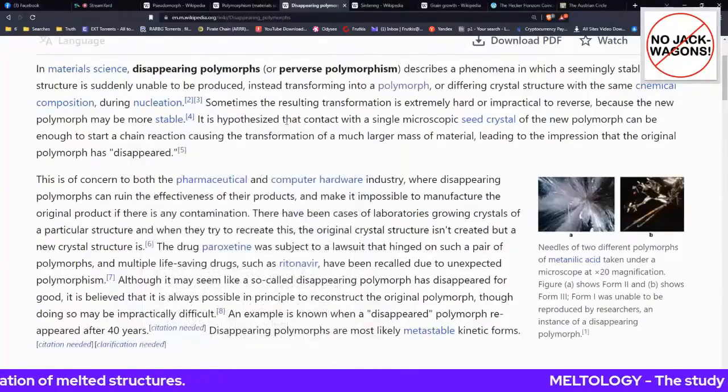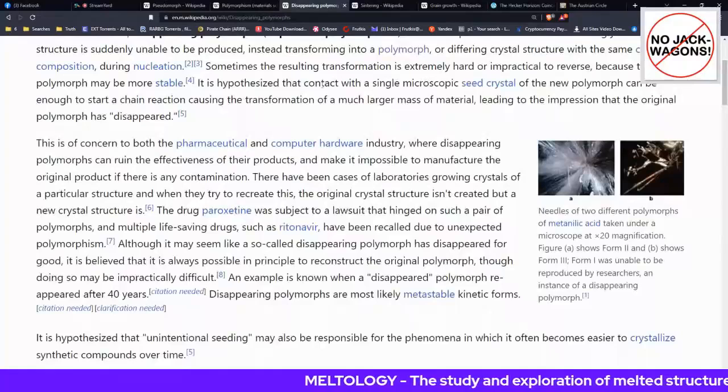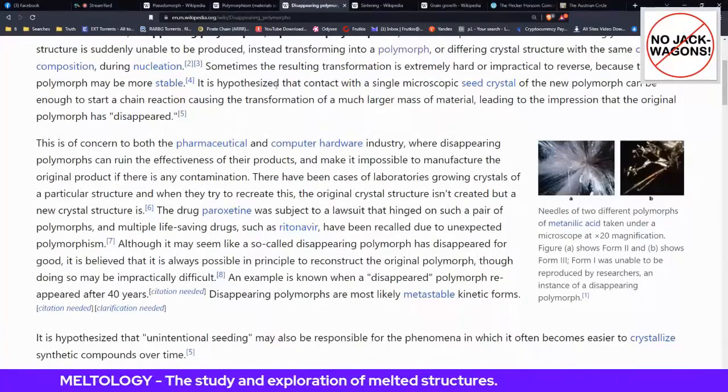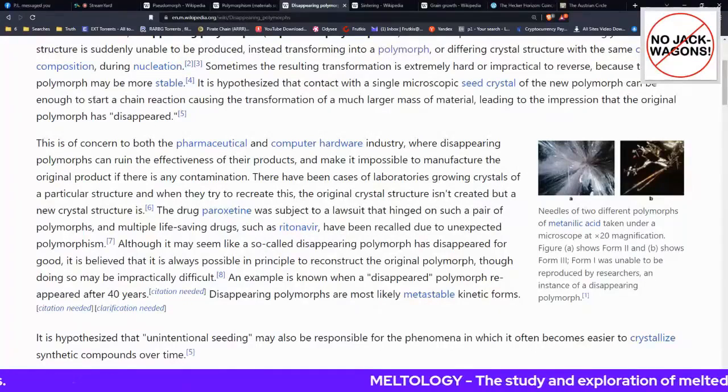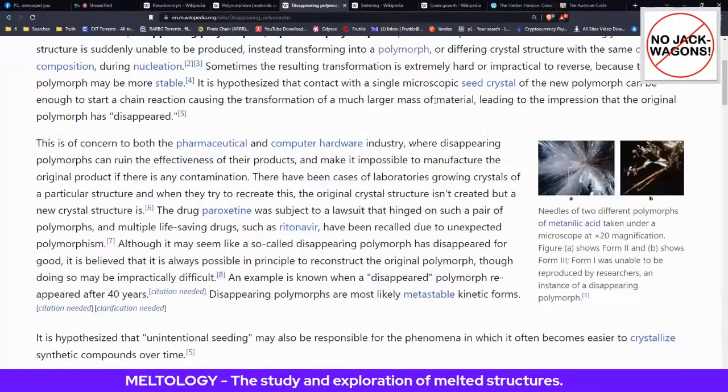The hypothesis is that only contact with a single microscopic seed crystal of the new polymorph can be enough to start a chain reaction, causing the transformation of a much larger mass.